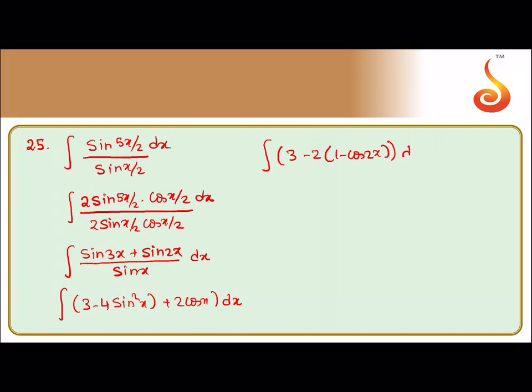Further, this can be written as 3 minus 2 into 1 minus cos 2x, bracket dx plus 2 cos x dx. So you get 3x minus 2x plus sine 2x plus 2 sine x plus c.